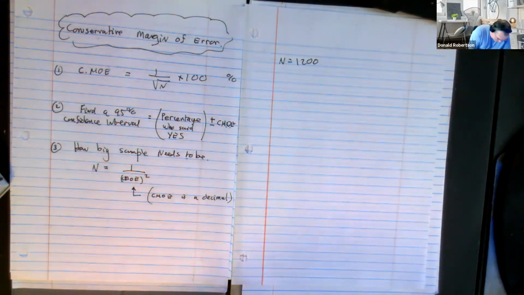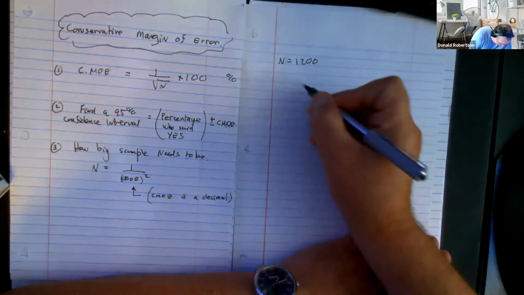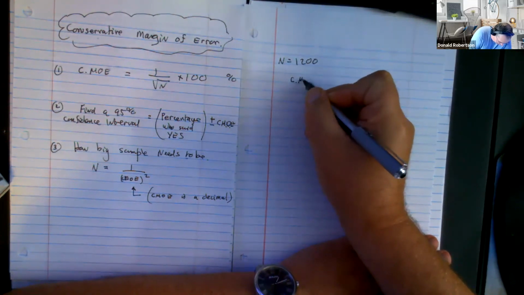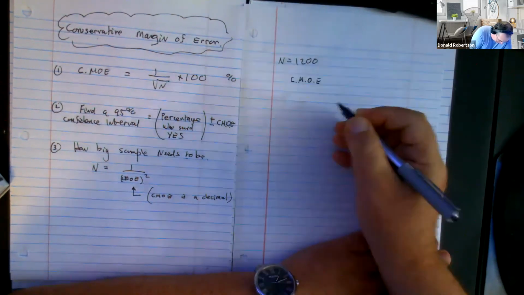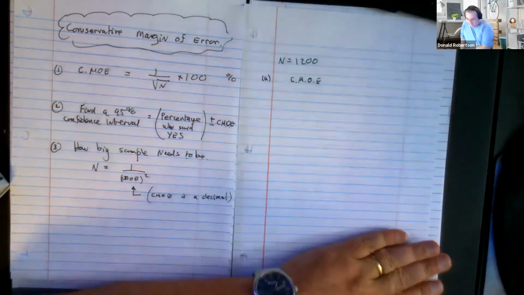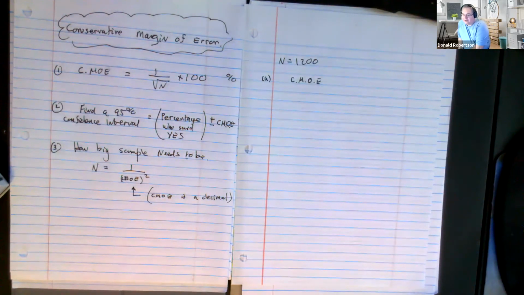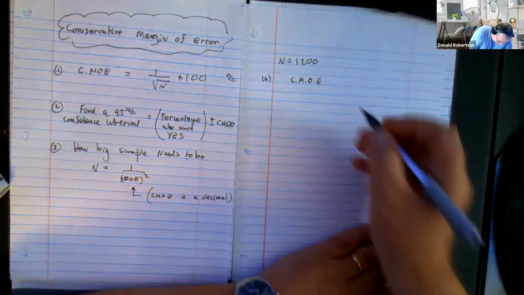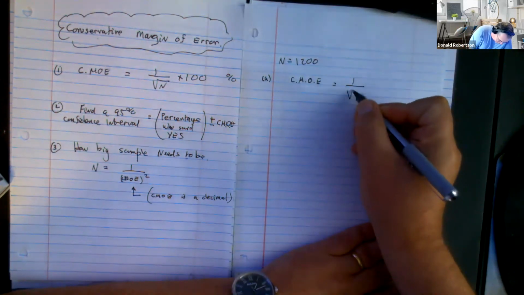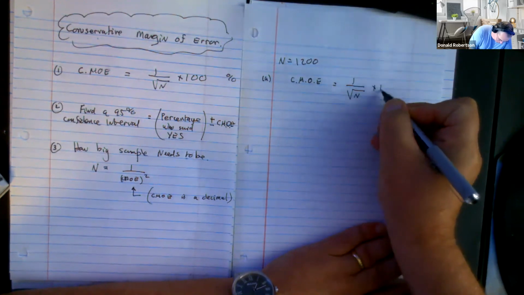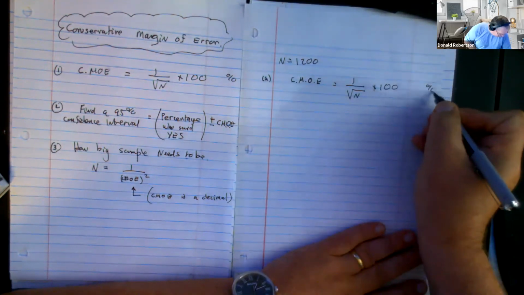So there's a thing called the conservative margin of error, and that would be question A. It would say something like, find the conservative margin of error. It would just say it right out. And it is 1 over the square root of n times 100, and your answer is a percentage.